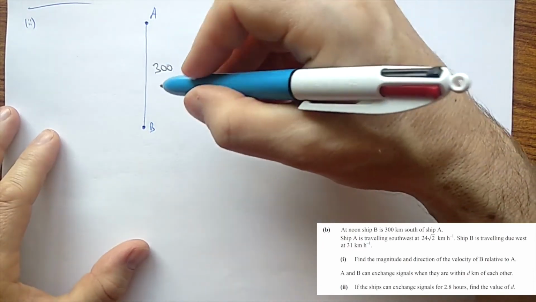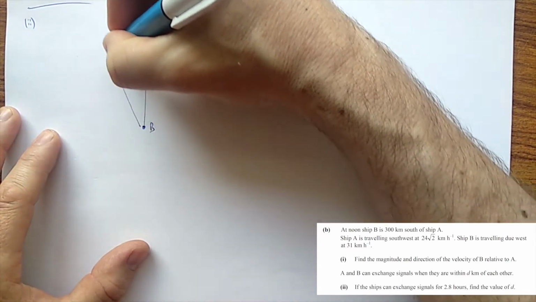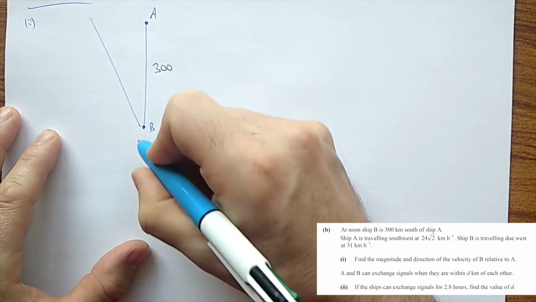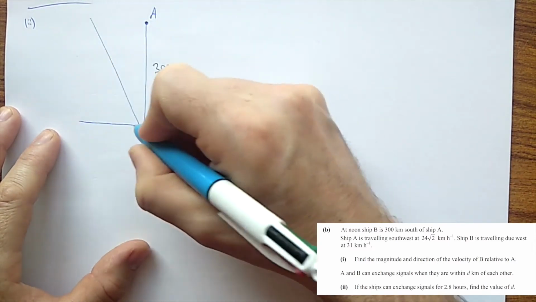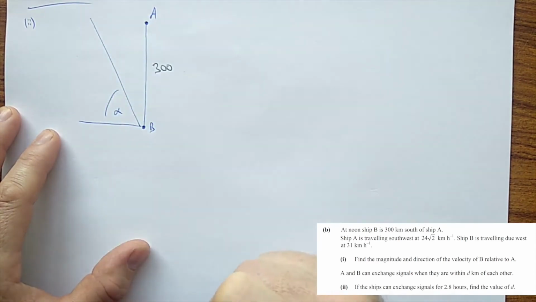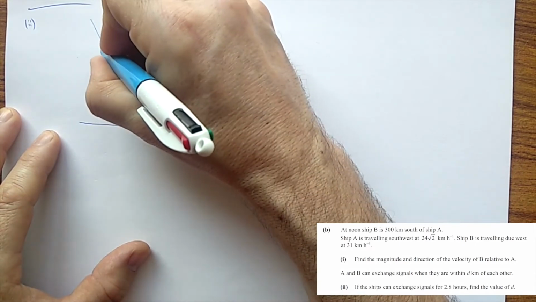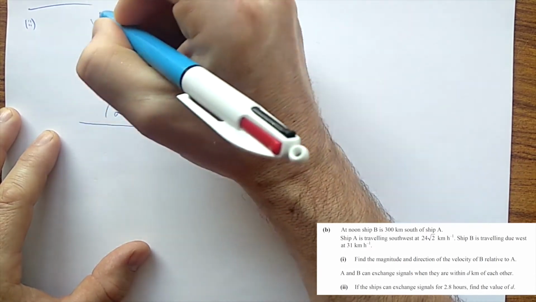Now, we know from before that the velocity of B relative to A is going to be something like this. And the angle we have down here was alpha. We worry about the closest distance, so we'll do this here at point X.